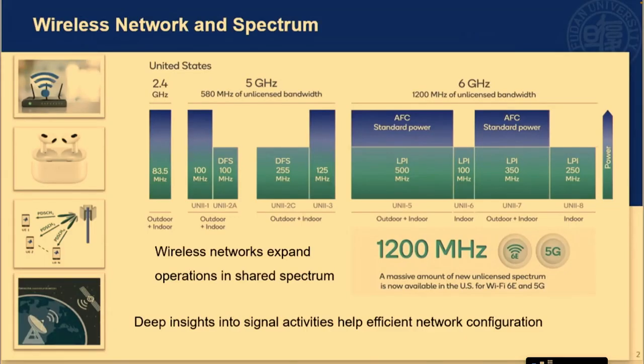Wireless networks are the backbone of modern connectivity, powering applications like Wi-Fi, Bluetooth, 5G, and satellite systems. With more wireless networks being deployed, spectrum resources are becoming increasingly scarce, and this drives spectrum sharing in bands like 5 GHz and the emerging 6 GHz.